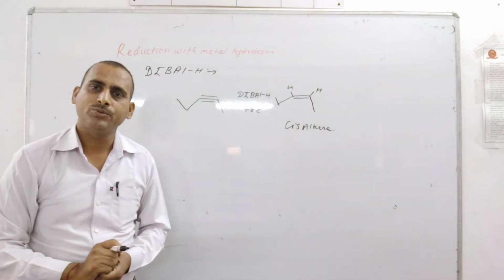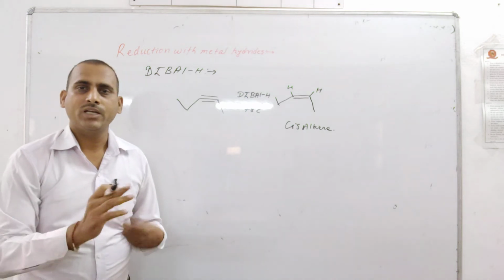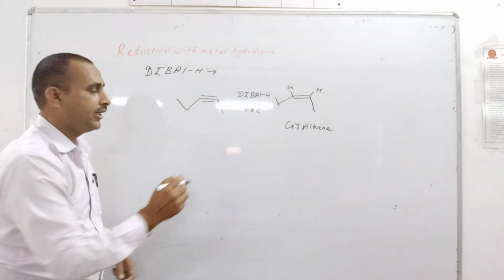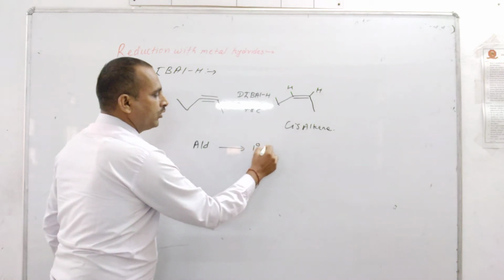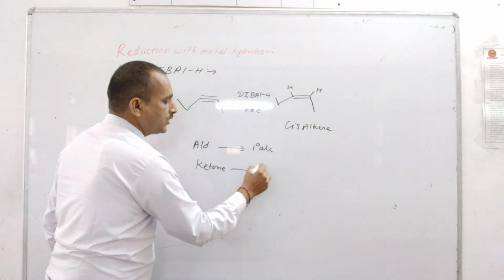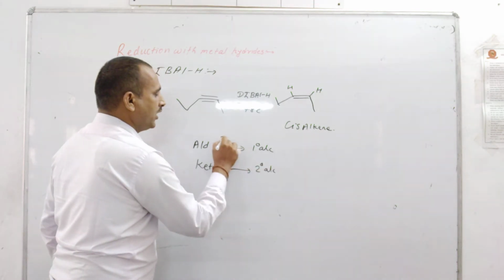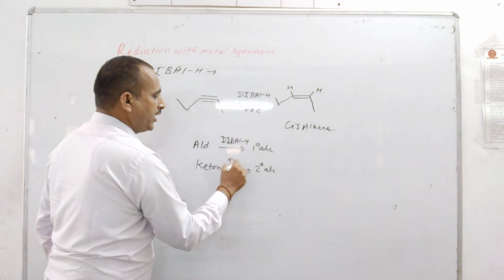Aldehyde gets reduced to primary alcohol, and ketone gets reduced to secondary alcohol by using diisobutyl aluminum hydride.